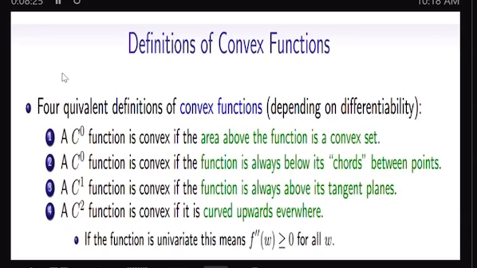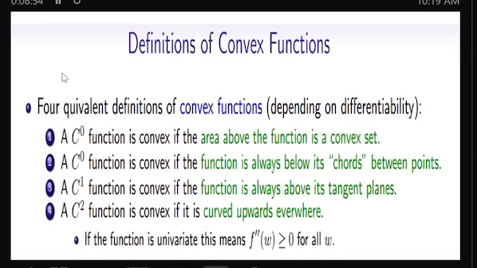I'm going to be using the three classes of differentiability to explain the convex function. When you see C0 here, I said a function is convex if the area above the function is also a convex set. It is required that the area above is also a convex set. And I said a C0 function is convex if the function always lies below the chord between the points, which I'm still going to show you.